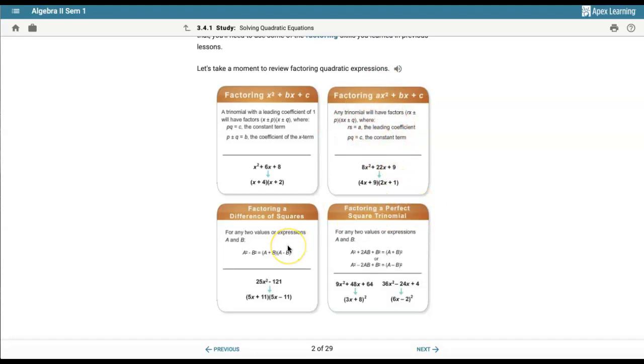All right. Then we talked about factoring a difference of squares, right? So if I have something like a squared minus b squared, okay, I can factor this out as a plus b multiplied by a minus b, right? And both of those values, a and b, have to be perfect squares, right? And we talked about how to look at that. And then finally here, factoring a perfect square trinomial, right?